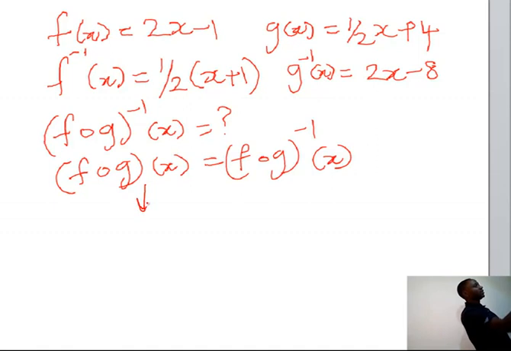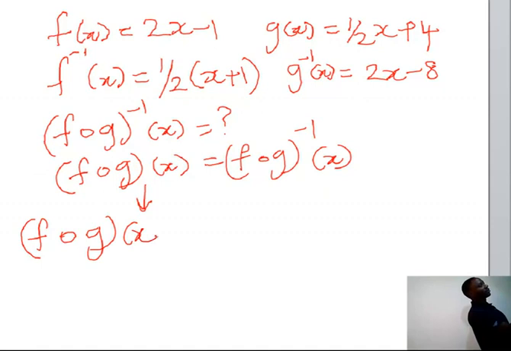In order to find this, we are going to plug g of x into f of x. So our f compose g of x is now going to be, note this is not equal, but we are going to invert this value in order to get this.